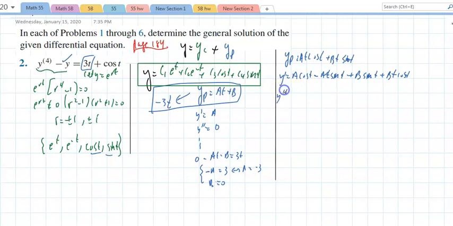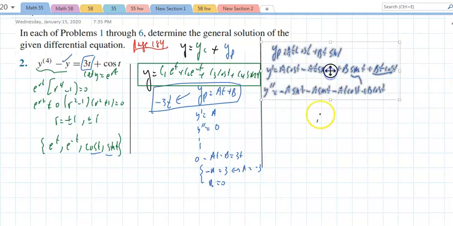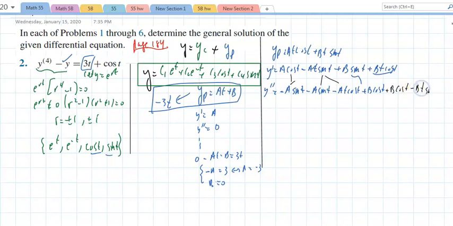I need another derivative: negative A sine of t minus A sine of t minus at cosine of t plus B cosine of t, plus the derivative of B, that's going to be plus B cosine of t minus bt sine of t.